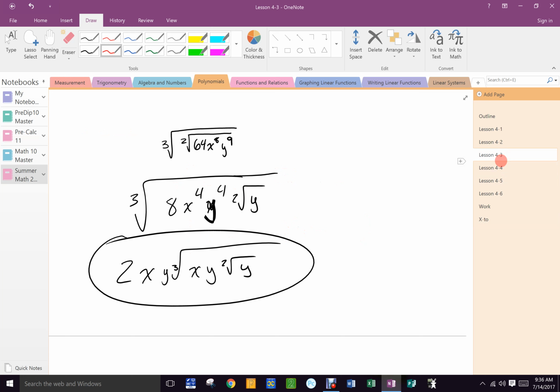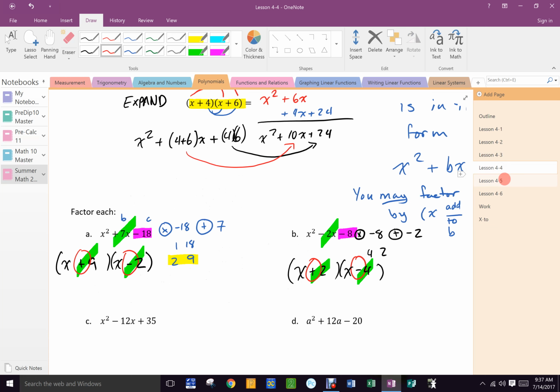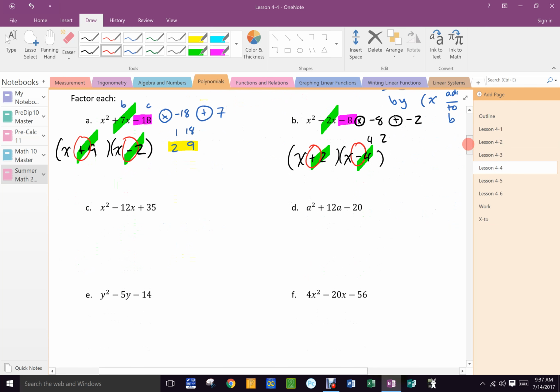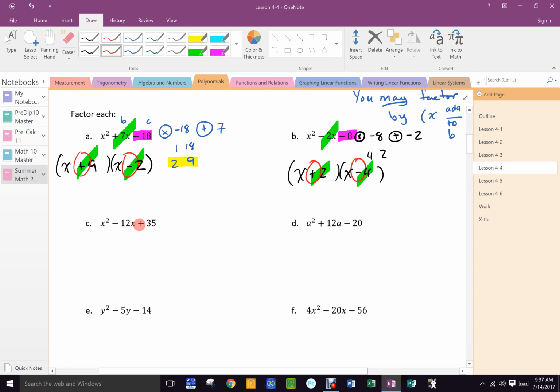Let's go back to where we were. So let's look at this one. You will notice something. That is positive. So will my answers be plus and minus? They can't be anymore. So I need numbers that will multiply to what? 35. And add to what? Negative 12. What are they? 7 and 5.